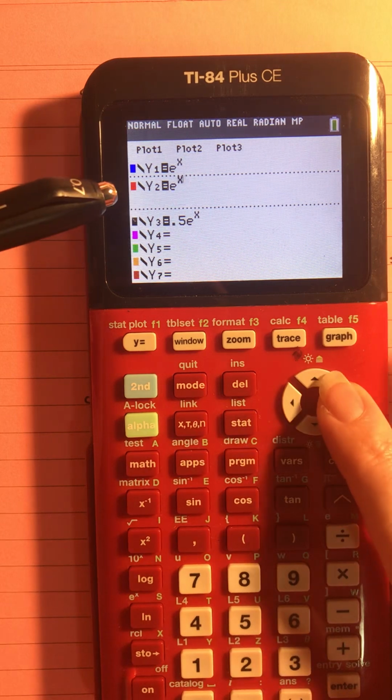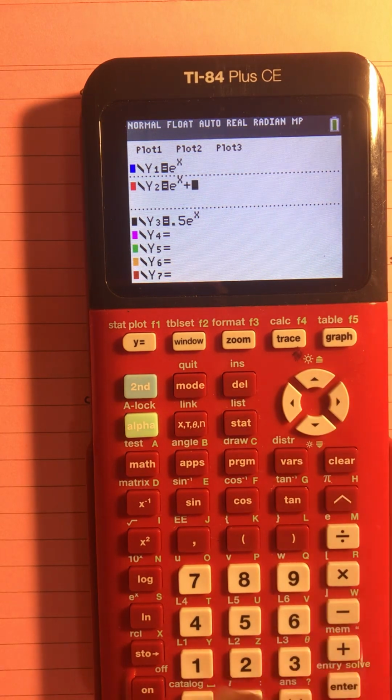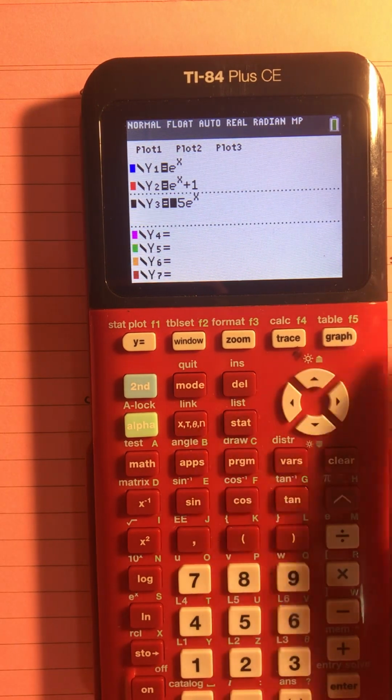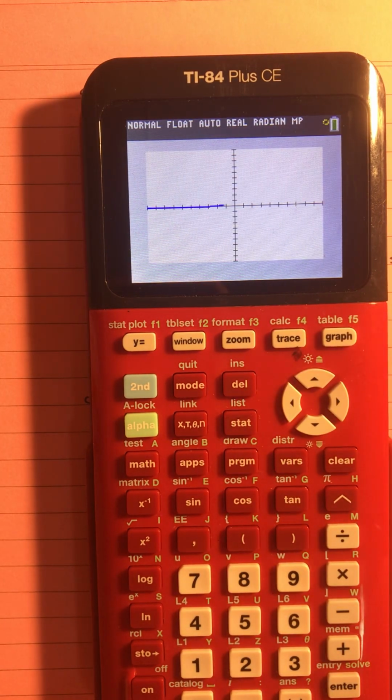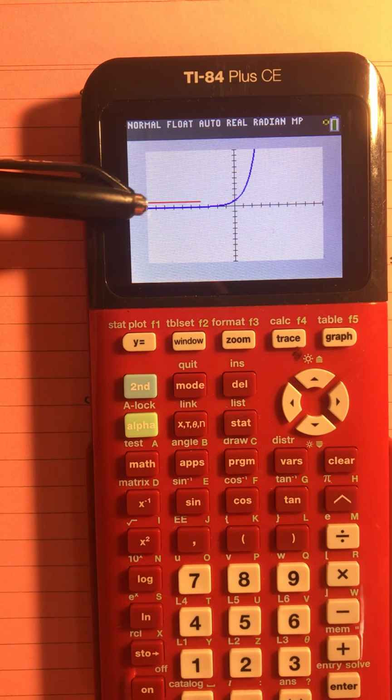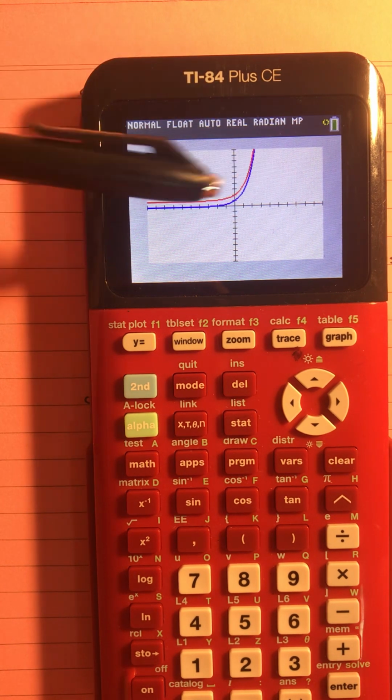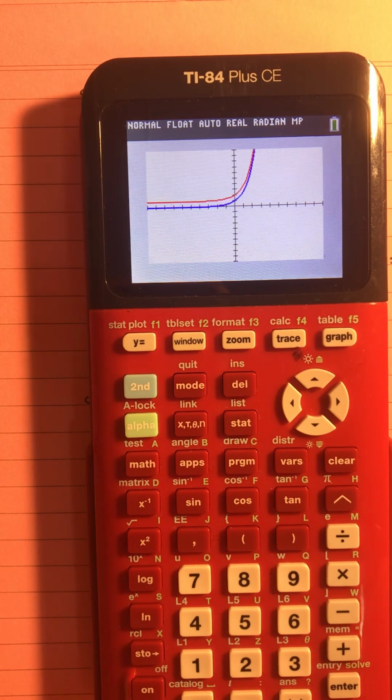I'm going to delete the number that was in front and then put a +1 on the end. I'm going to delete this one here so that I can just look at those two. Now what we're expecting is a vertical shift. And so here's our graph coming. We can see that there's that vertical shift of 1, and obviously it also changes the y-intercept to +1 as well, because if we're adding 1 to your result, that's going to add 1 there too.